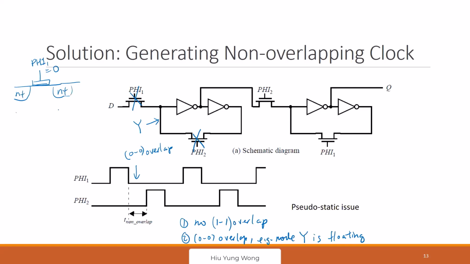But I do remember that my well is biased to 0 volt, okay? And this is my Y, maybe at VDD. What is the problem? The Y is floating, so there will be a leakage current, right? So there's a reverse junction leakage. So that is one example.